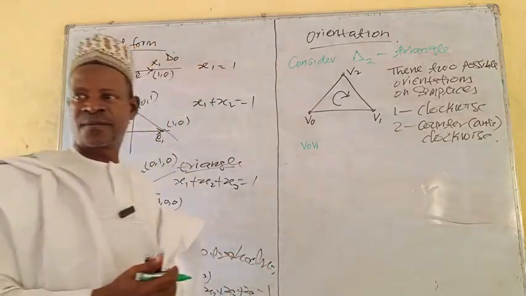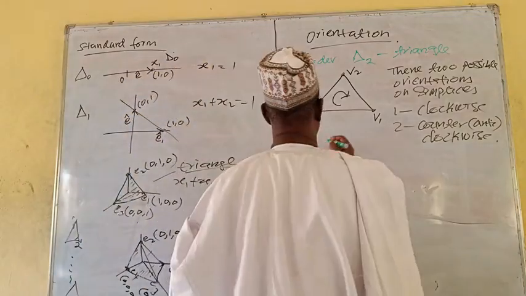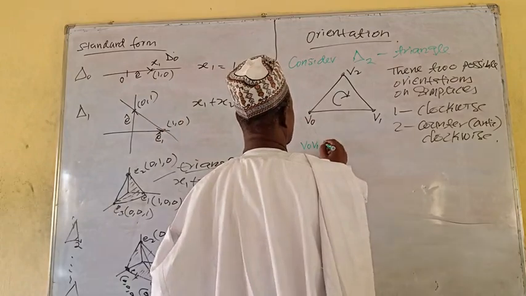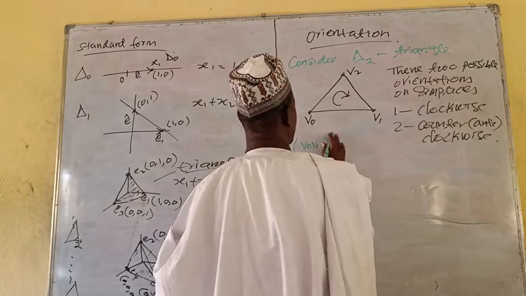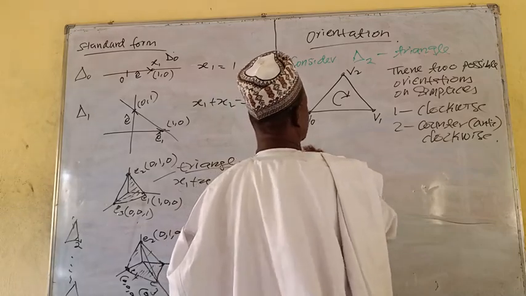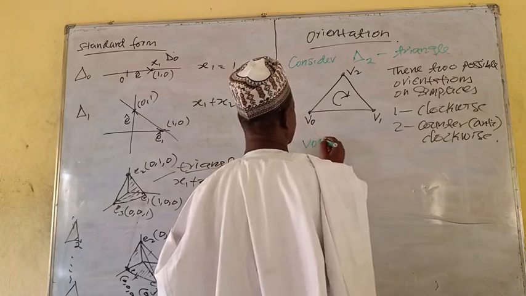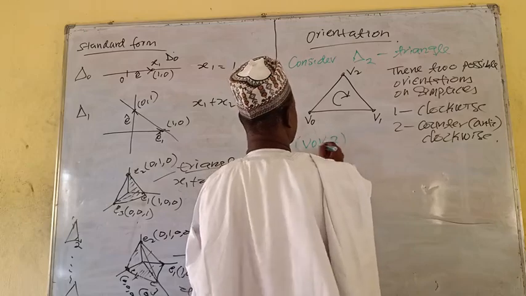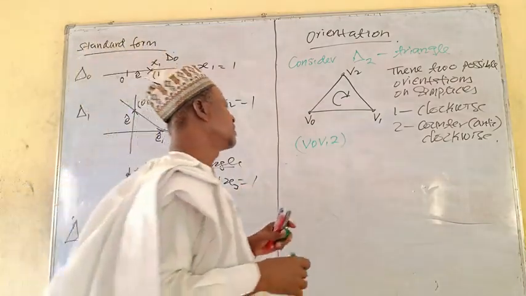That's the first one, isn't it? Then which one again? Plus. Because you see, the clockwise can be something like B0, B1, B2 in a cyclic form. Okay, this is cyclic.